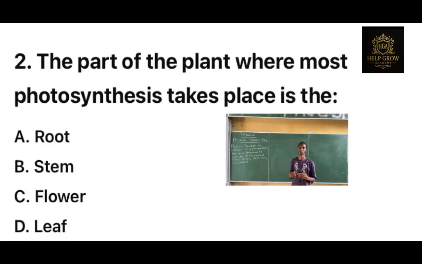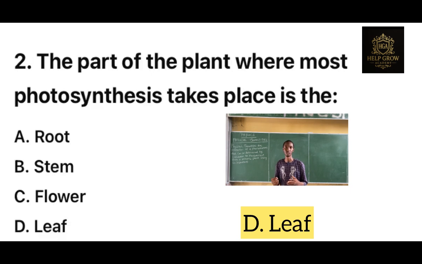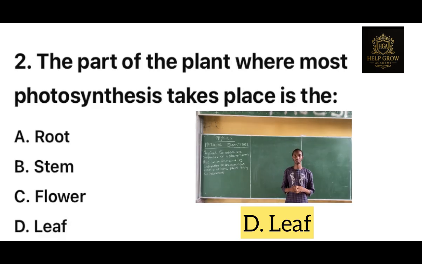Question 2 says, the part of the plant where most photosynthesis takes place is the dash. Option A says roots, option B stem, option C flower, and D leaf. The correct answer is the leaf, because the leaf is a plant's food factory.